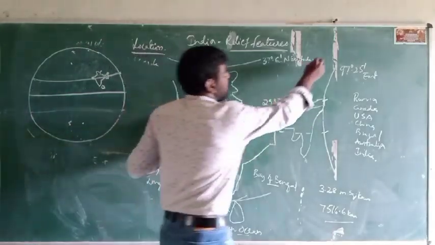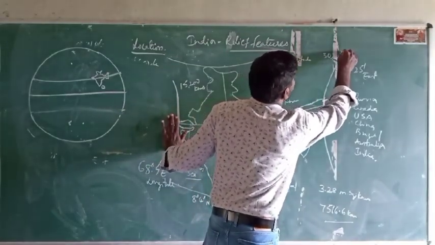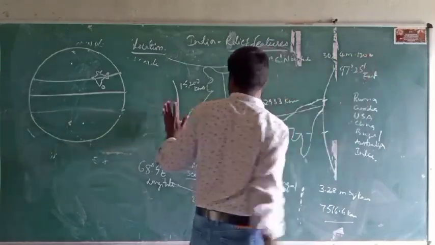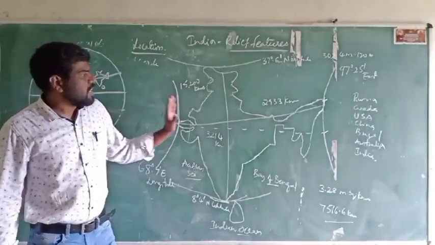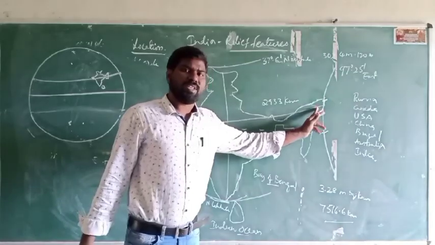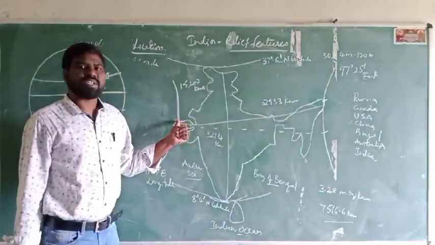That is 30 into 4 minutes, 120 minutes, that is 2 hours. So, the sun rises earlier in the easternmost part of Arunachal Pradesh. Here it takes 2 hours.